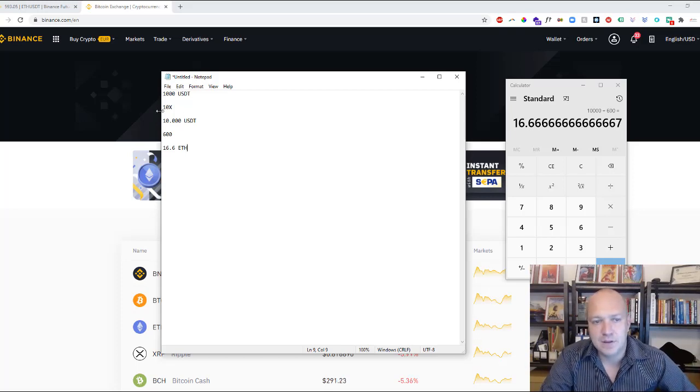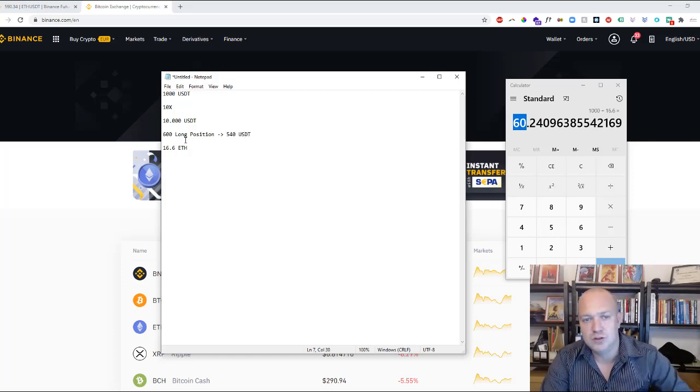So basically, the liquidation point is calculated if we go 1,000, our initial investment, and divide that by 16.6, then we can see the liquidation point is $60 US. That means that if the price of Ether, if I go for a long position, if the price drops to 540 USDT, then I lose my full investment.